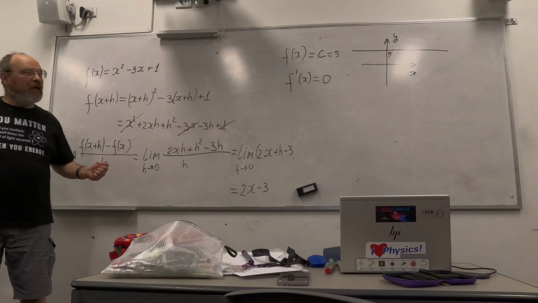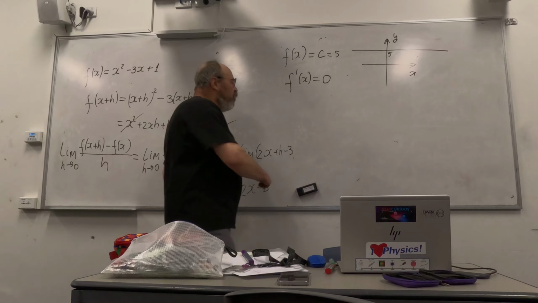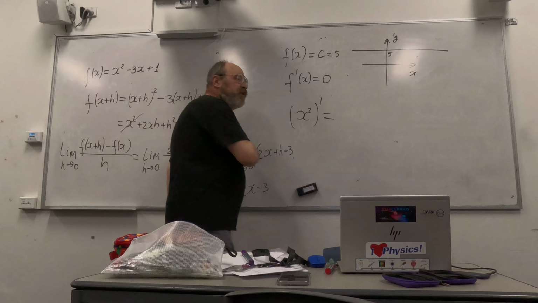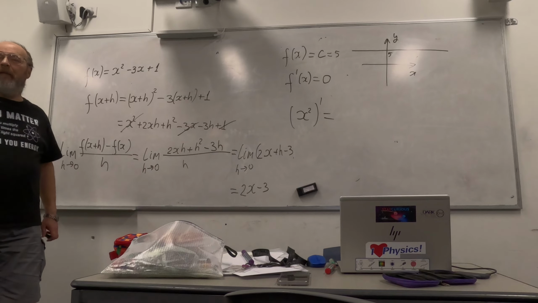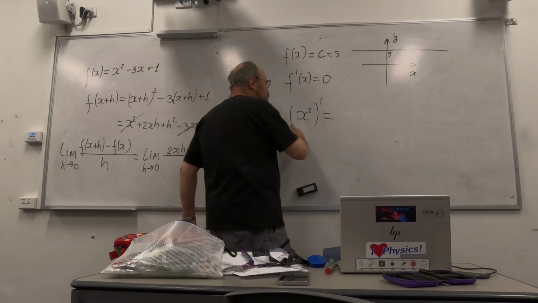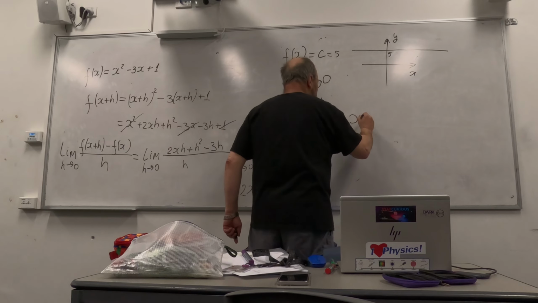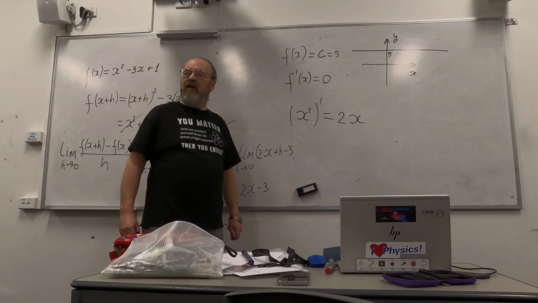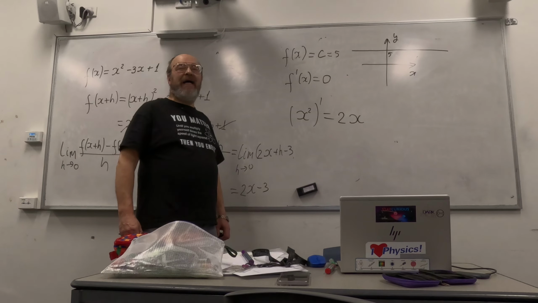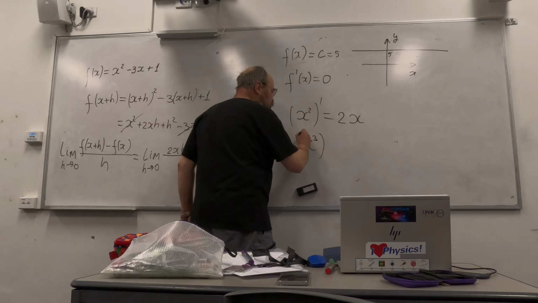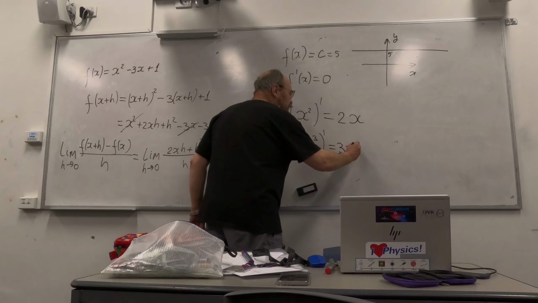Now, what do we get as the derivative of x squared? We did it already, so what is it equal to? 2x. The derivative of x squared equals 2x. It's the limit of the rate of change. If we do the same thing for x cubed, using the first principle, we can show that the derivative becomes 3x squared.